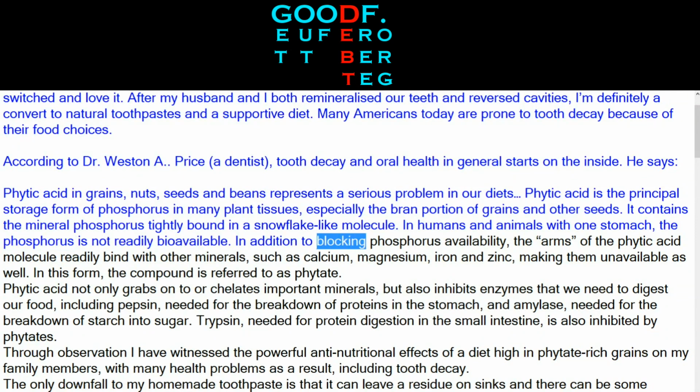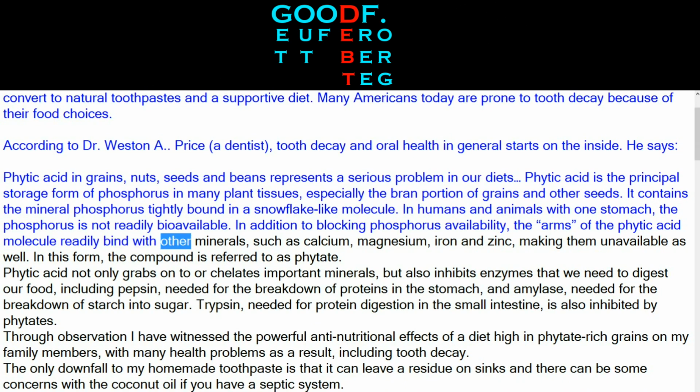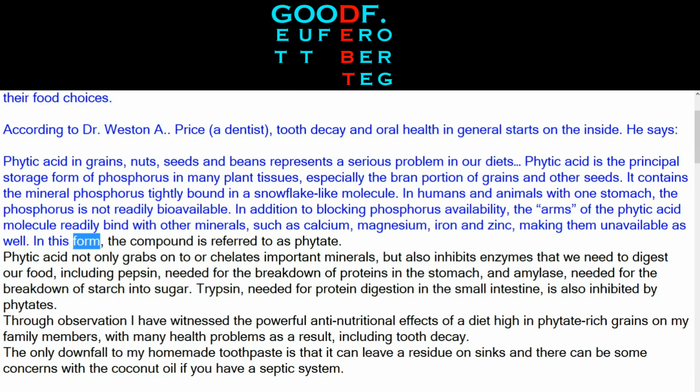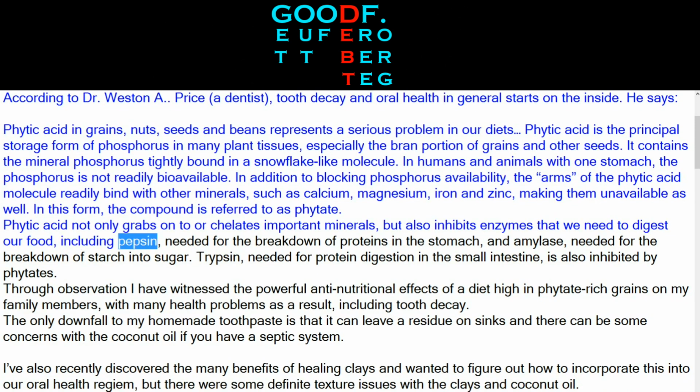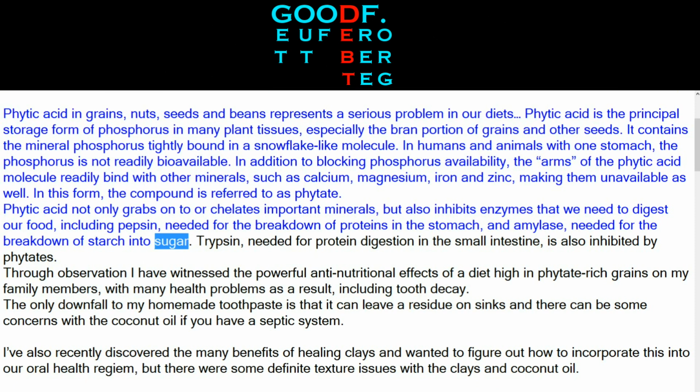In addition to blocking phosphorus availability, the arms of the phytic acid molecule readily bind with other minerals, such as calcium, magnesium, iron and zinc, making them unavailable as well. In this form, the compound is referred to as phytate. Phytic acid not only grabs onto or chelates important minerals, but also inhibits enzymes that we need to digest our food, including pepsin, needed for the breakdown of proteins in the stomach, and amylase, needed for the breakdown of starch into sugar.